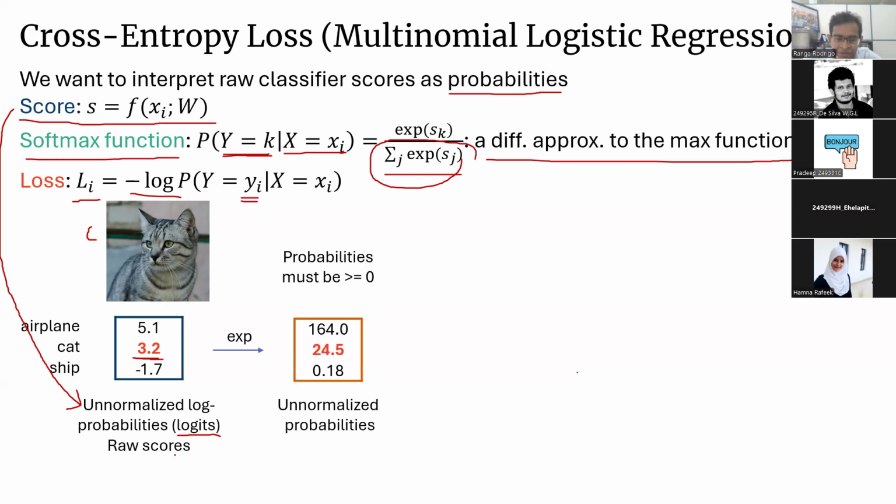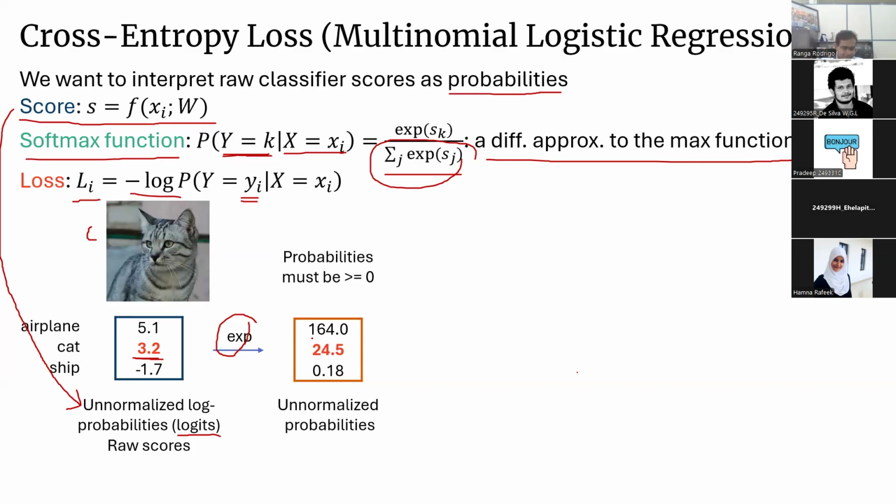Then we raise e to the power of each one. If you take your calculators and compute e to the power of 5.1, you'll get 164.02.